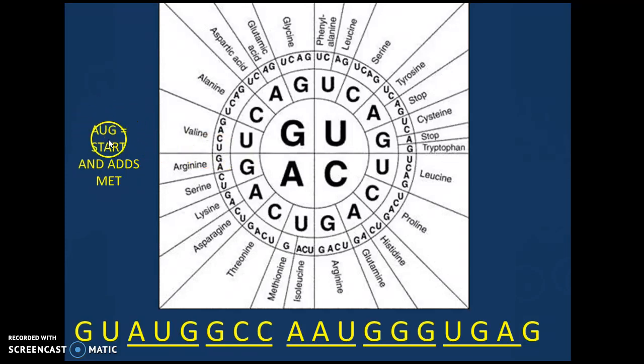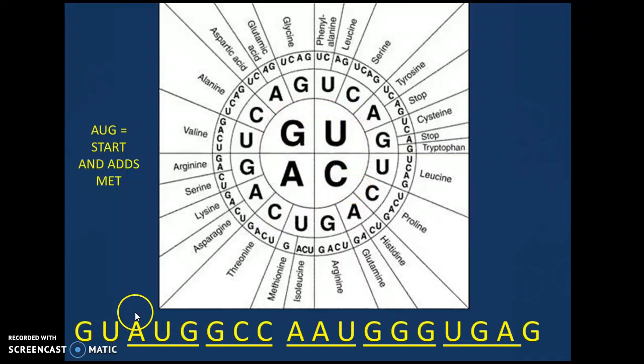So we said earlier that AUG was our start codon. And if we were going to use this version of the genetic code to see what that indicated, the first step is always to start in the very center circle, which only has 4 choices. And those 4 choices represent the choices for your first letter of your codon.